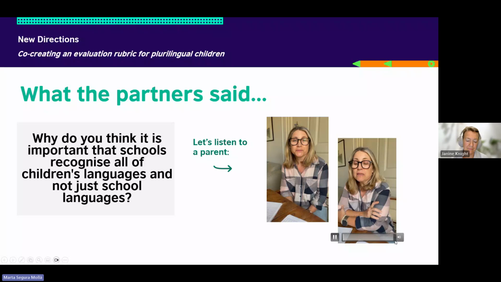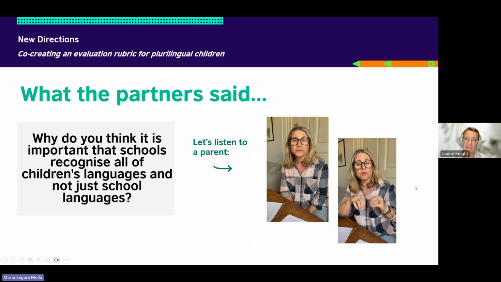I think it's really important that the schools recognise the experience of the kids who have multiple languages, particularly when there's a big division between the language being spoken at home and the one being spoken at school, as opposed to a sort of multilingual family.